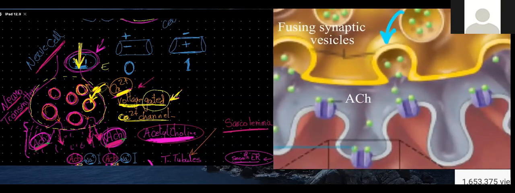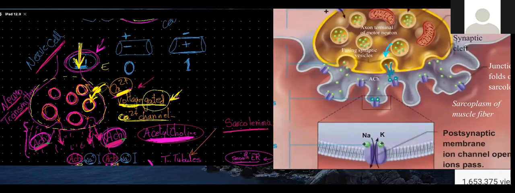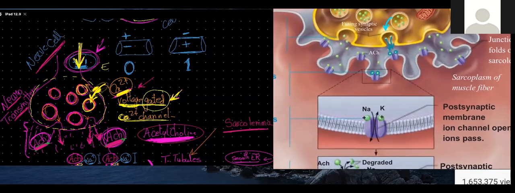As I fuse with the cell membrane, now the neurotransmitter contents of those vesicles are going to be released out in the synaptic cleft. This is where the acetylcholine is going to be able to reach its receptors located on the sarcolemma, on the muscle cell membrane.